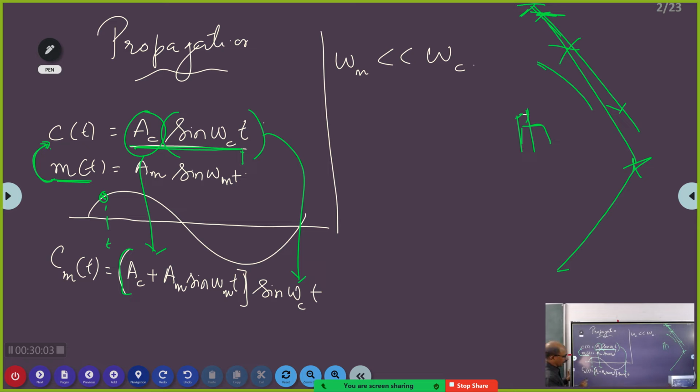So you can see now that this new waveform has a frequency of sin omega c t, but the amplitude now depends upon this. You got it?